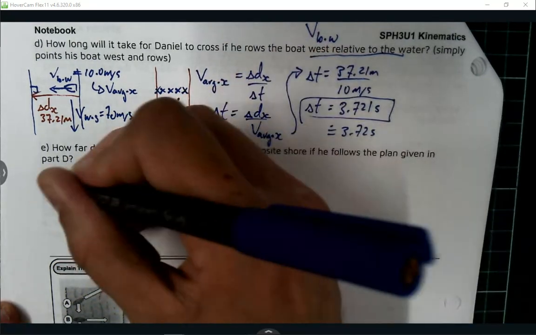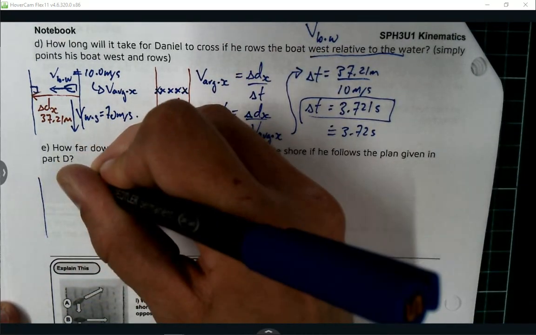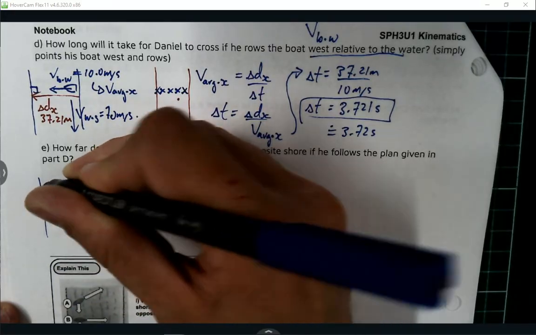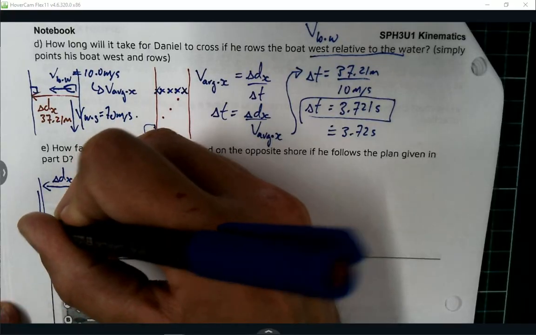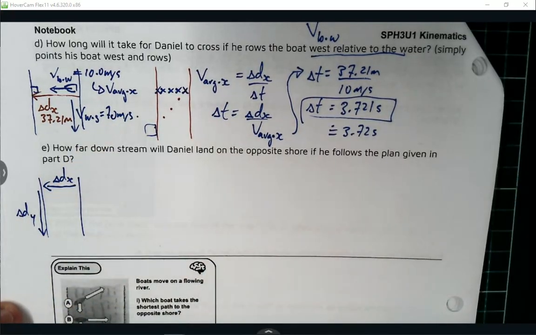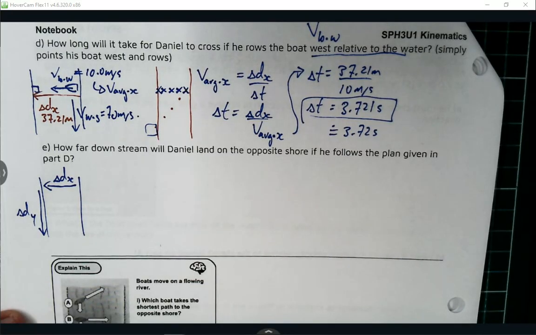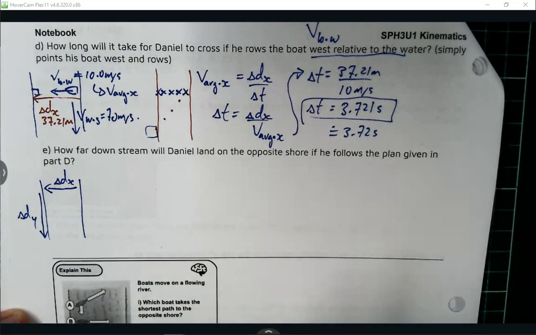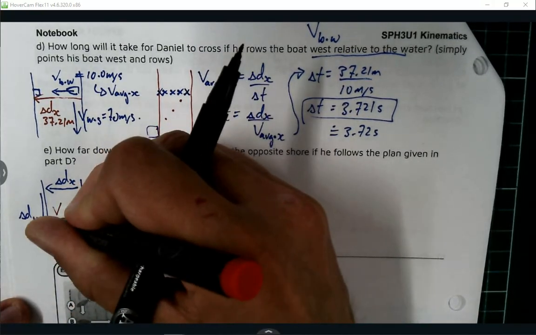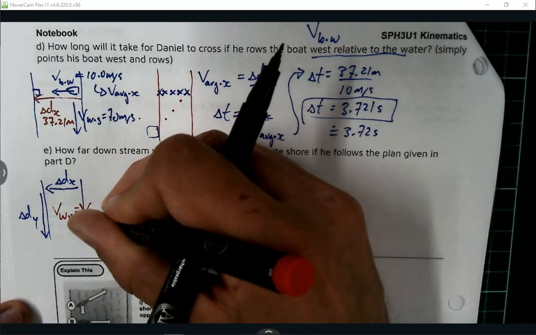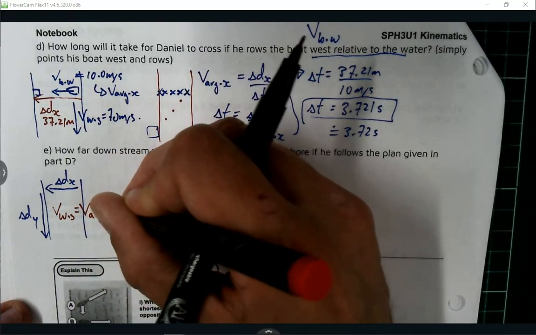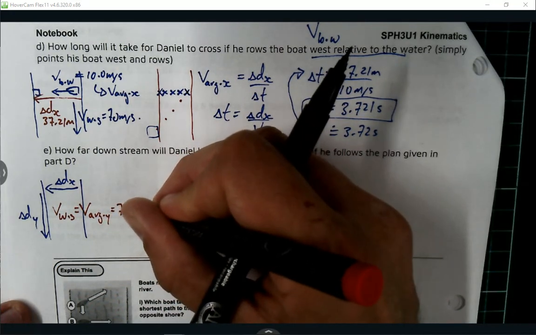So what we're talking about here is, if this was my river, I have a displacement in the x direction, but I'm also getting washed downstream in this direction. What's the velocity that's going to carry me downstream? It's the river, isn't it? So in the y direction, I have the velocity of water relative to the shore, which is v average in the y direction, 7.0 meters per second.